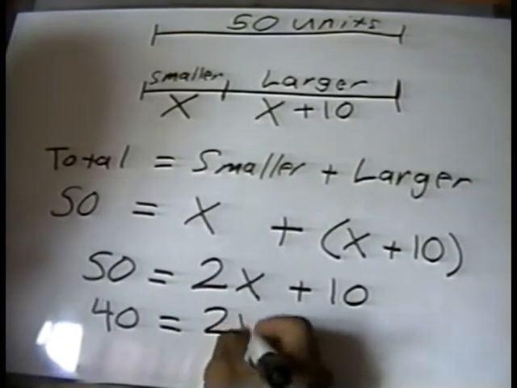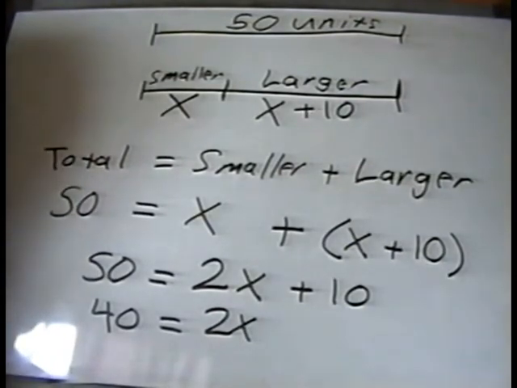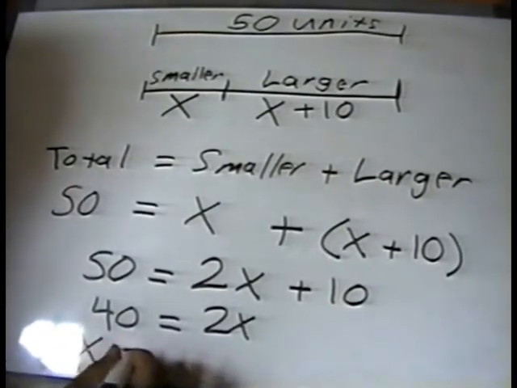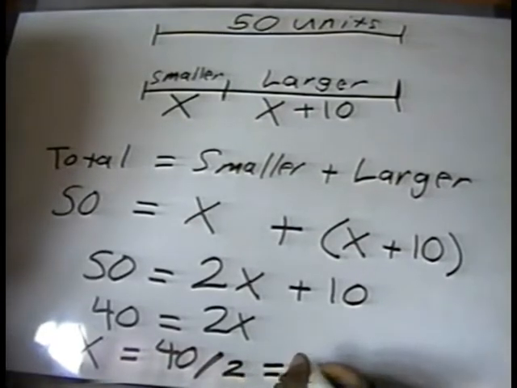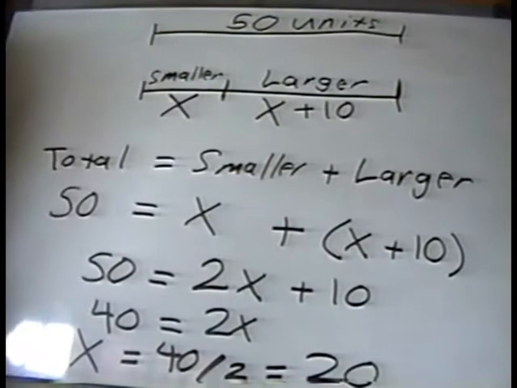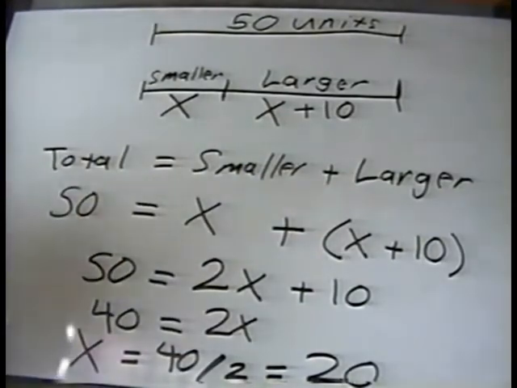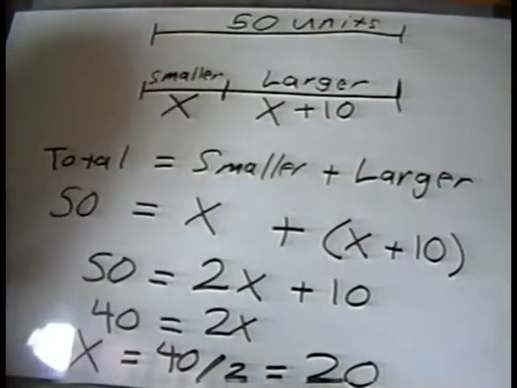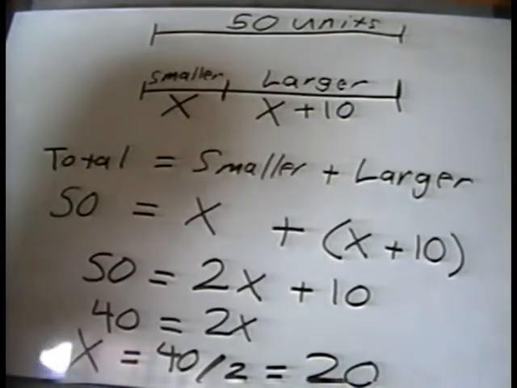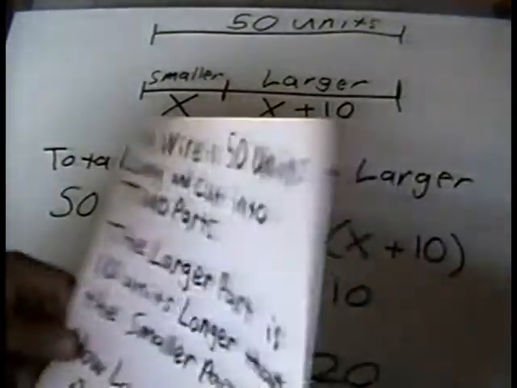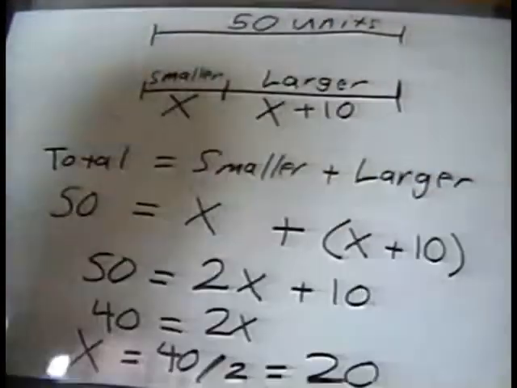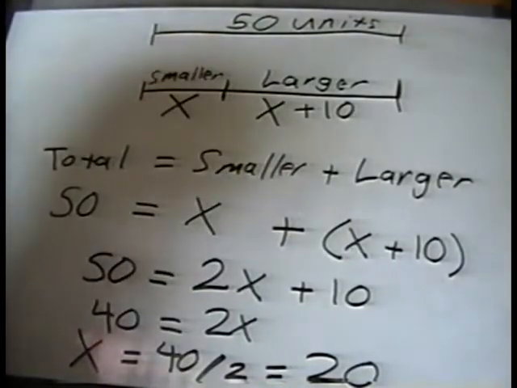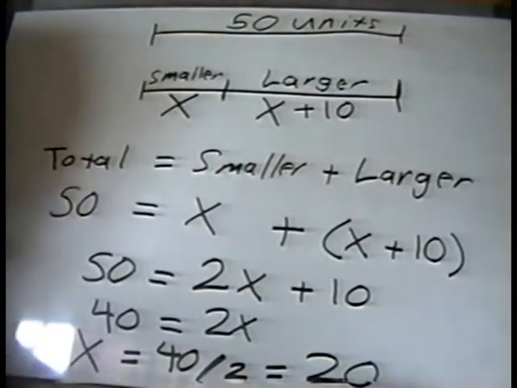Now all we have to do is add, and then we solve for X. So we get 50 equals 2X plus 10. And next we subtract 10 from both sides to get 40 equals 2X. And we get X equals 40 divided by 2, or 20. Okay, so we know that X now equals 20.